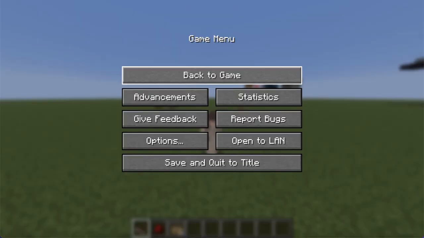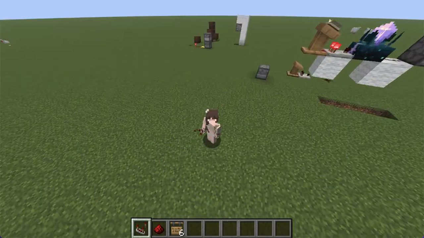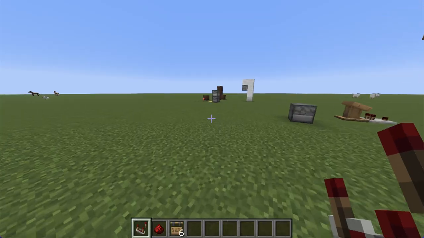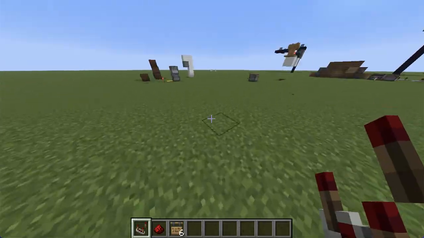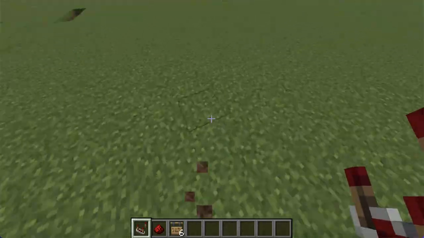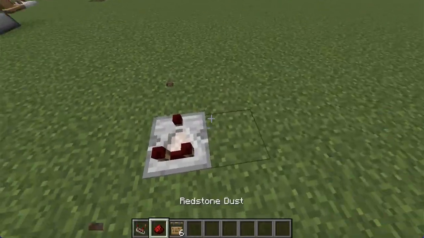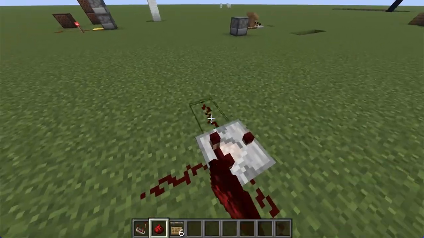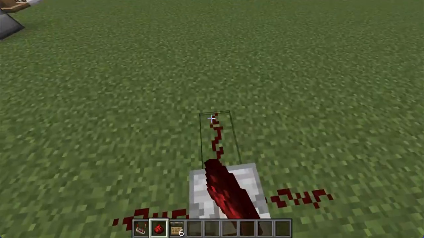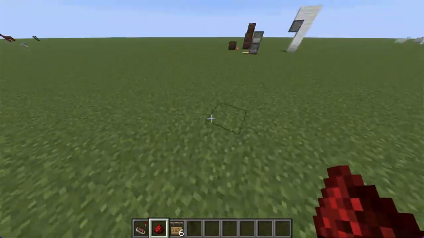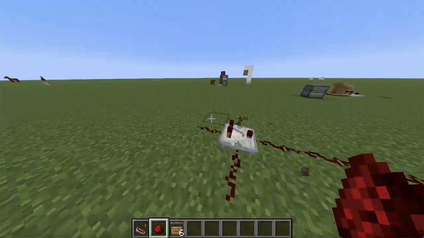Okie dokie. Alright, so one Mumbo Jumbo video later and about 50,000 other tutorials and things that I watched, here's what I've learned. Okay, key comparator. We have three inputs, one output. A comparator can either compare or subtract.